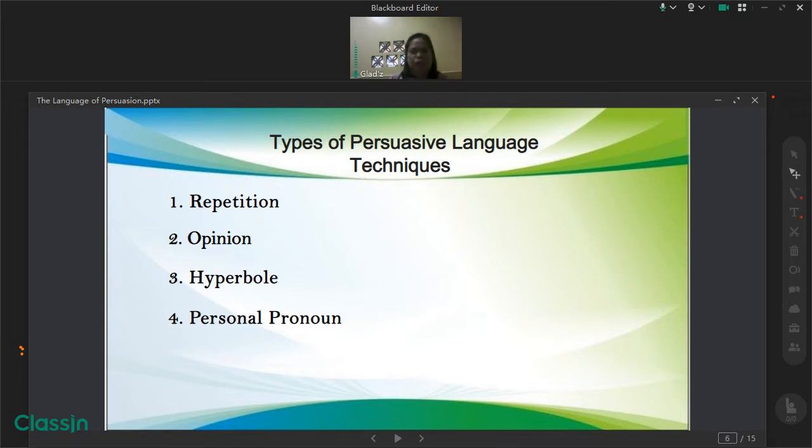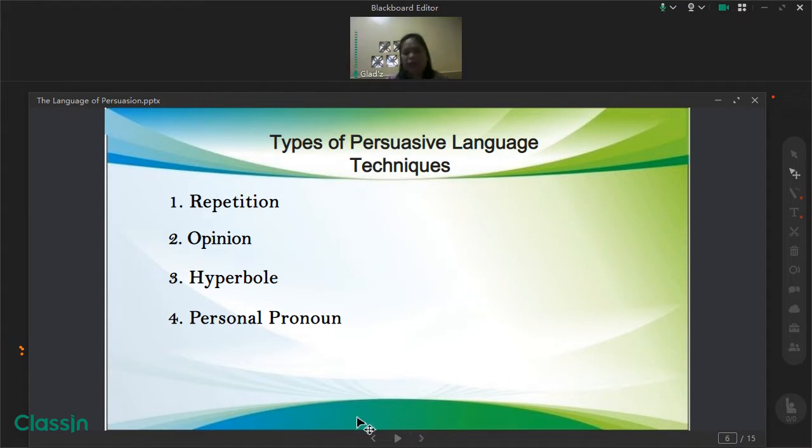And then the use of personal pronouns can draw the readers into the material that you are writing and make them feel more involved immediately. So that is the reason why we should use personal pronouns in persuasive language. Let them feel that they are more involved immediately.